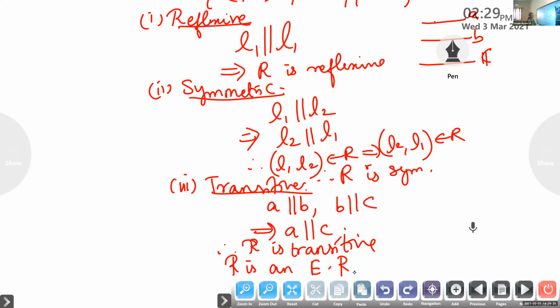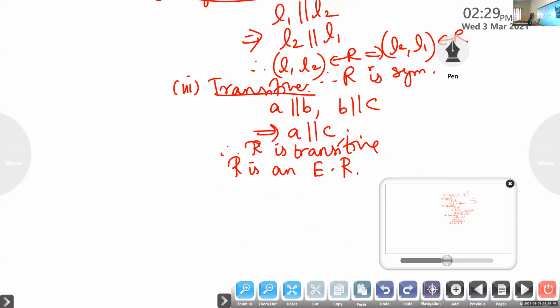Now, what is the second part of this question? What is asked in the second part? Look at there. Read the question. Find the set of all lines related to the line y is equal to 2x plus 4. What do you have to find here?